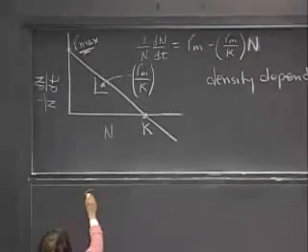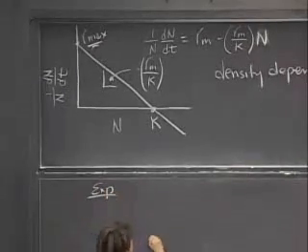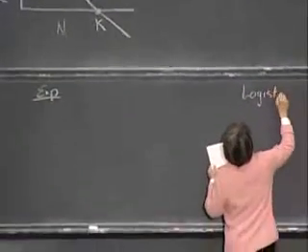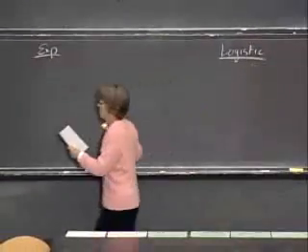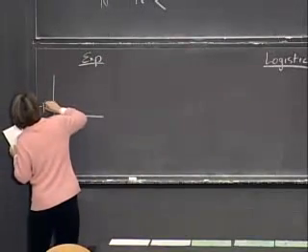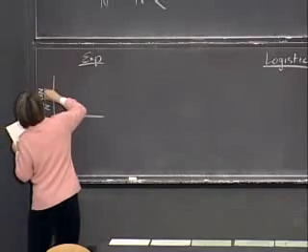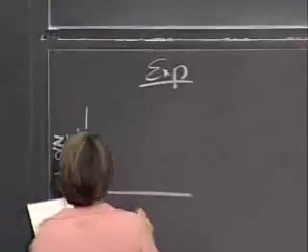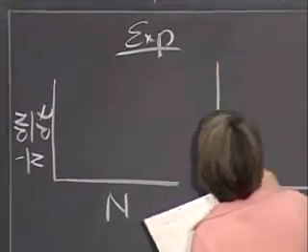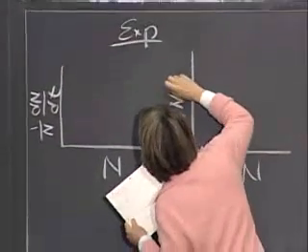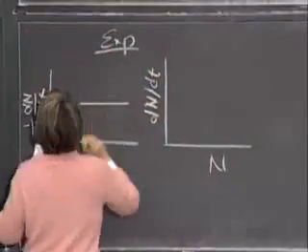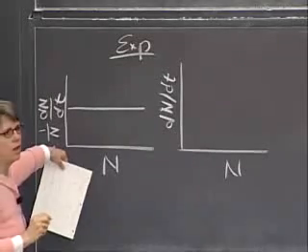Just looking at the exponential and the logistic, just to summarize, 1 over n dn dt as a function of n. And if we just look at dn dt as a function of n, for exponential, we already said that this is a flat line, right?